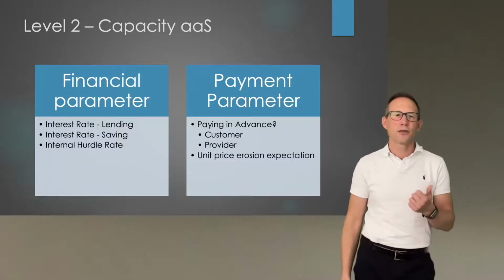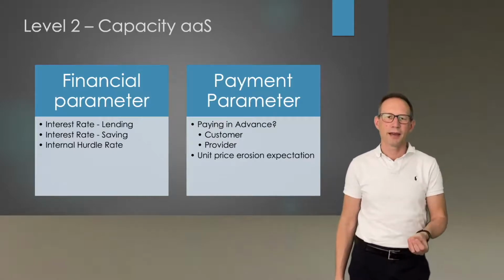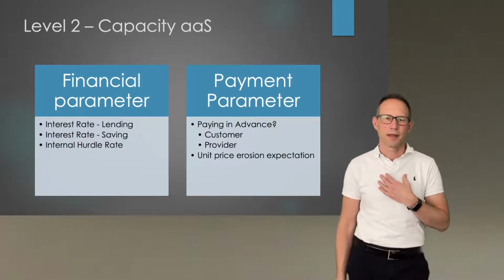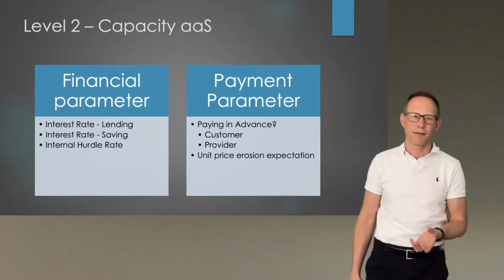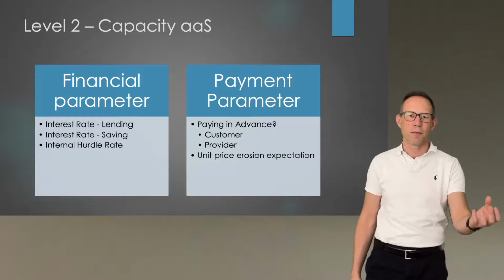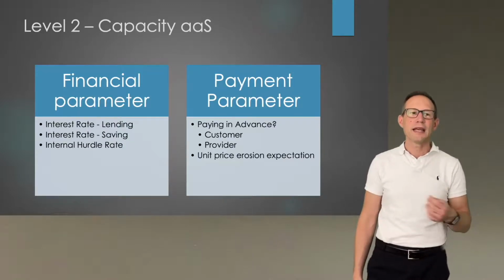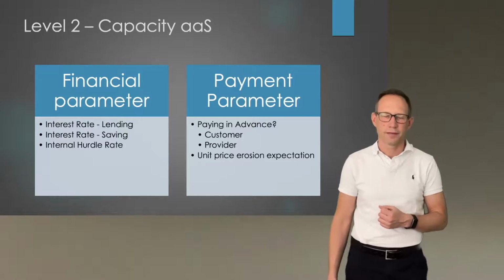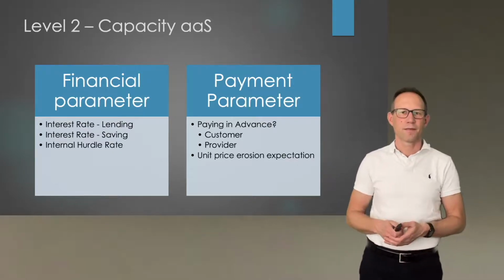Firstly, we need to know our interest rate. So what is the price that we are paying for getting money? Second, we have to know our interest rate for saving. So what is the benefit that we get if we put money in a bank? And we need our internal hurdle rate. Then we need some payment parameters.